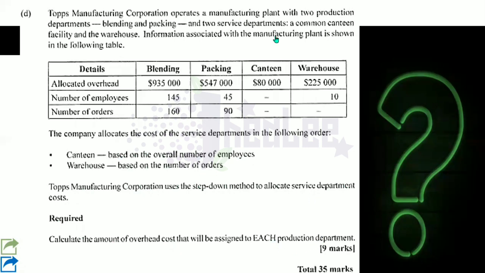So remember that the business uses the step-down method to allocate service department costs. And bear in mind that the canteen must be allocated based on the overall number of employees, while the warehouse is based on the number of orders. Now, in terms of how we're going to start stepping down the allocation of the cost, we will start from the canteen first.